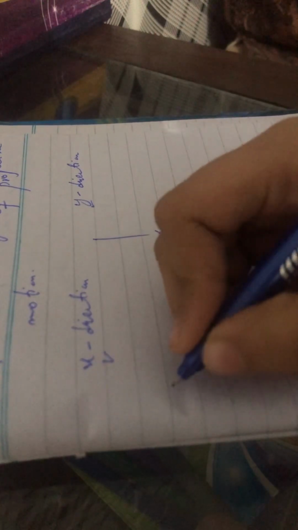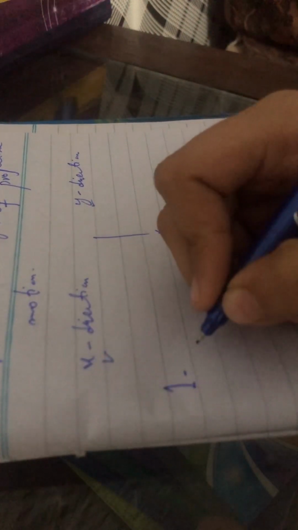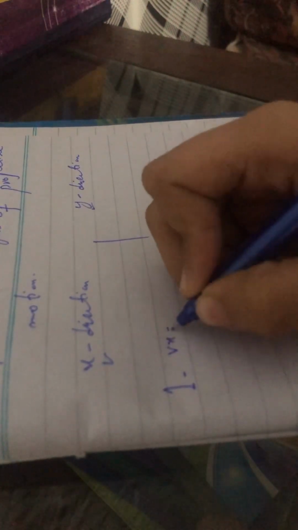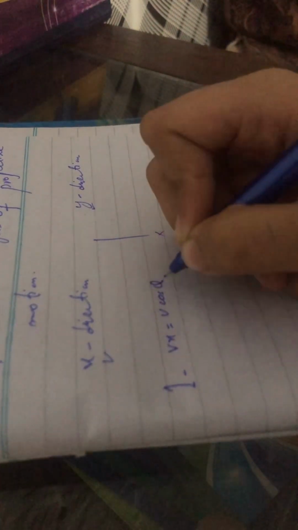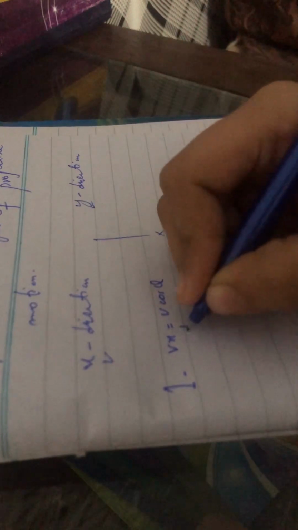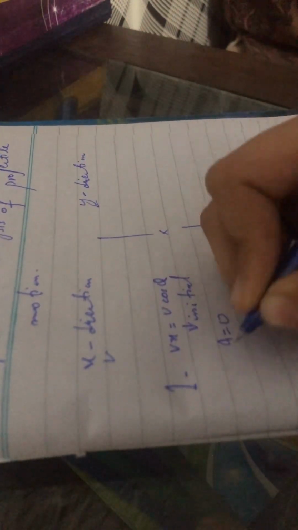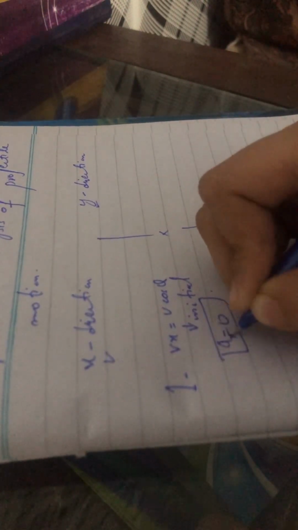So here we will discuss. As we know, the initial velocity Vx is equal to V cos theta, right? This is the initial. And here acceleration ax was 0.